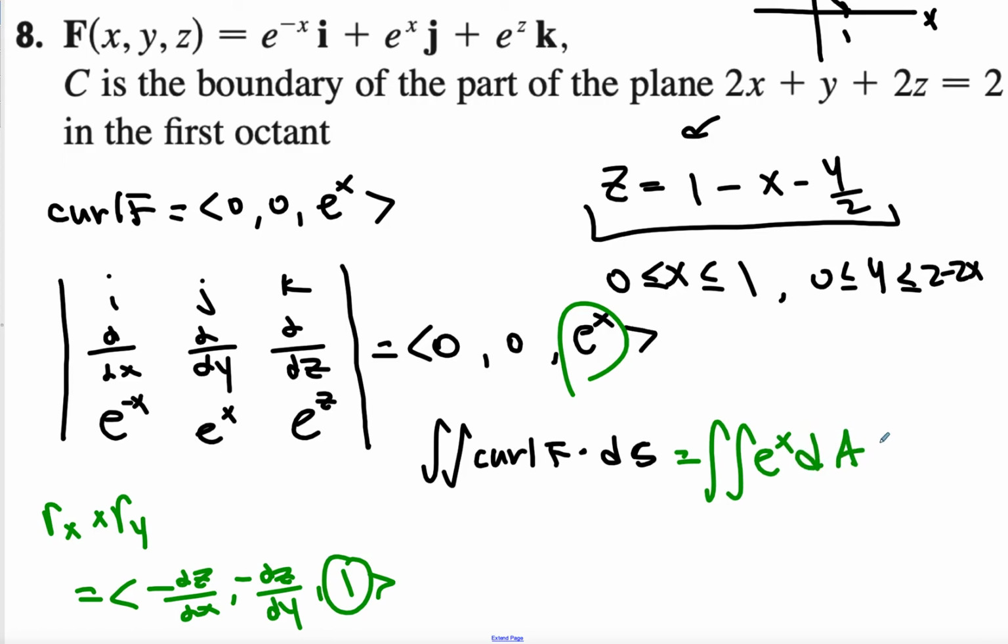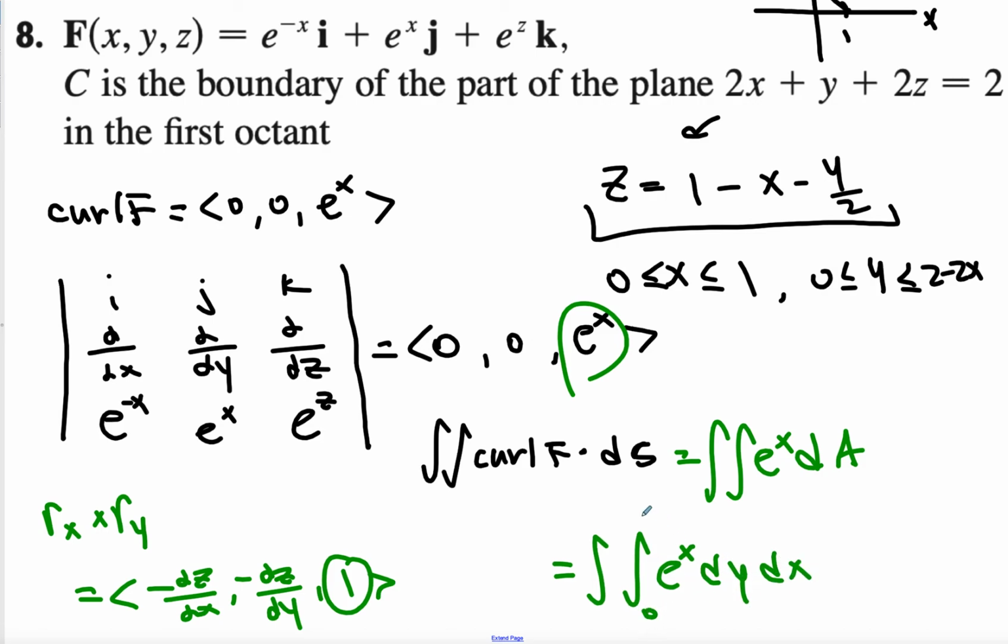Now, in this case, one thing that we get to realize is that the boundaries can be rewritten as the integral of e to the x, dy dx.